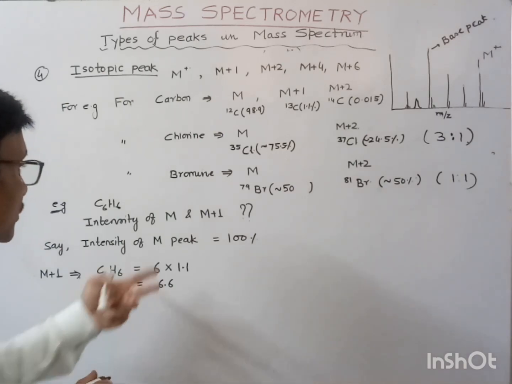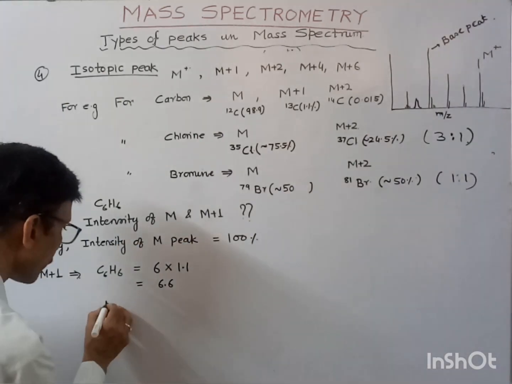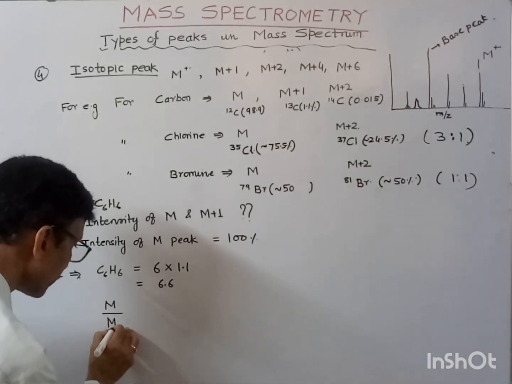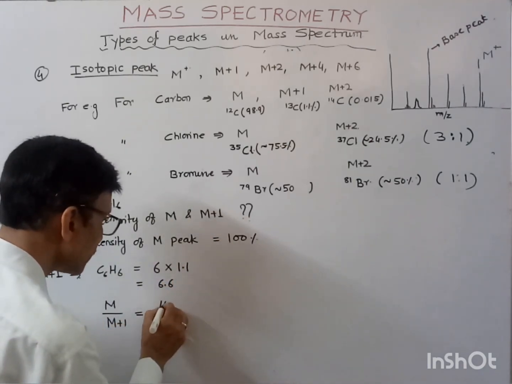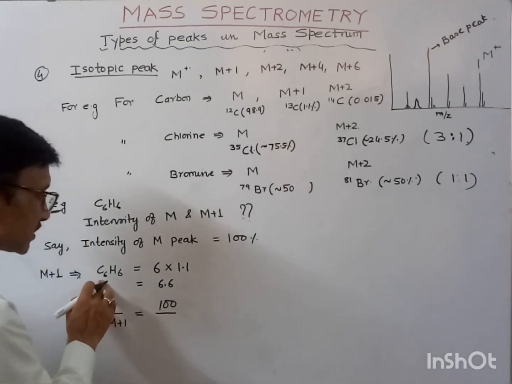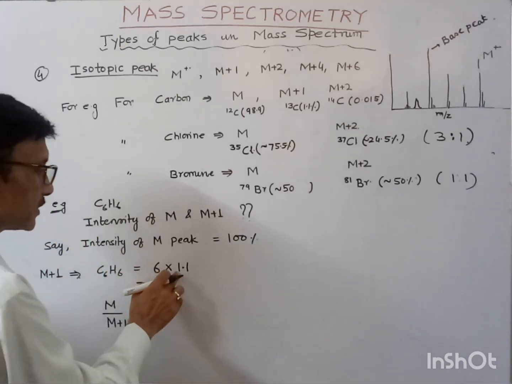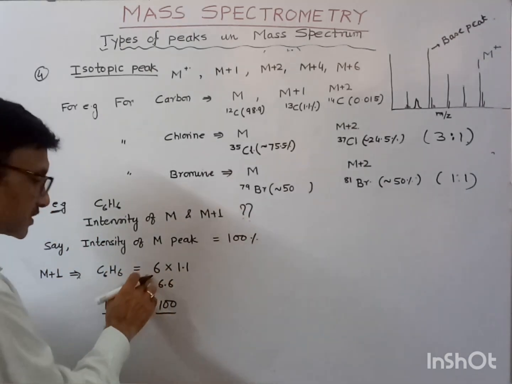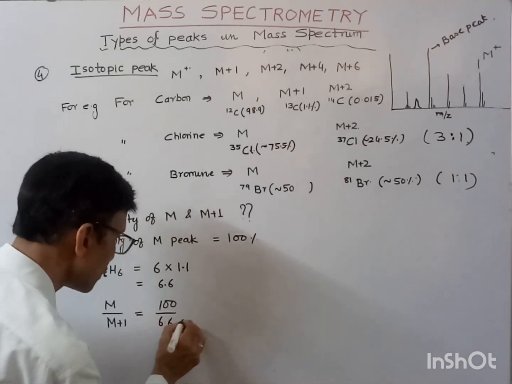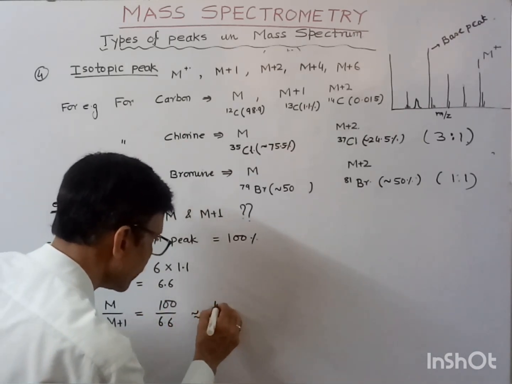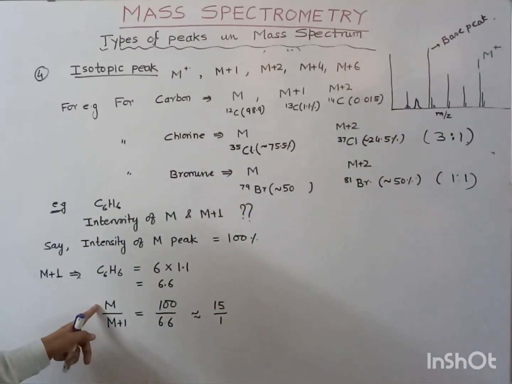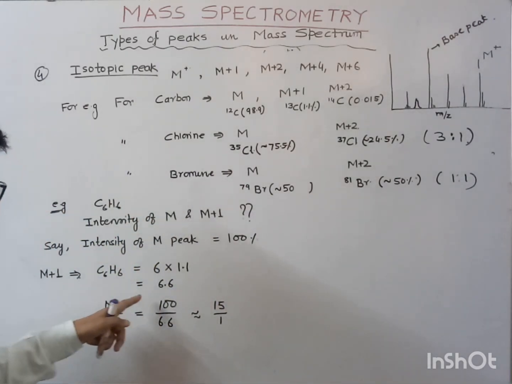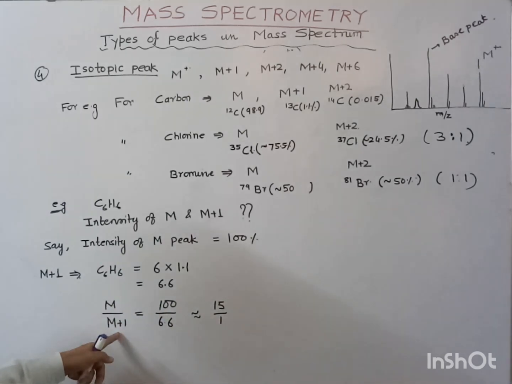So what would be the intensity of this peak? For the M to M plus 1 intensity ratio, I have taken M as 100, and due to the 6 carbons, the relative abundance is 1.1 multiplied by 6, which is 6.6. So if the intensity of the M peak is 100, then the intensity of M plus 1 will be 6.6 only.